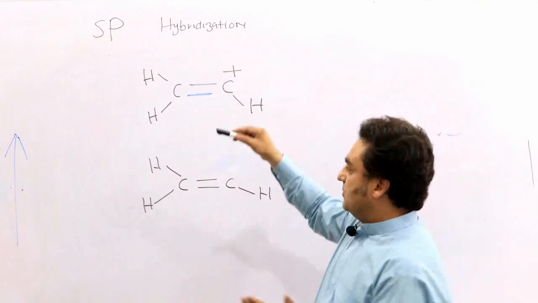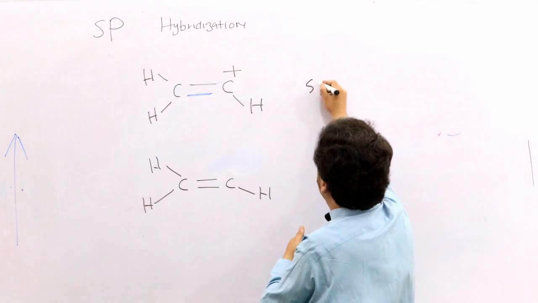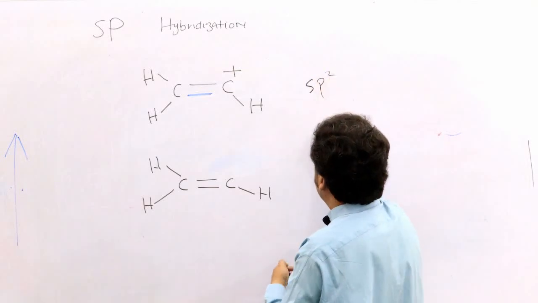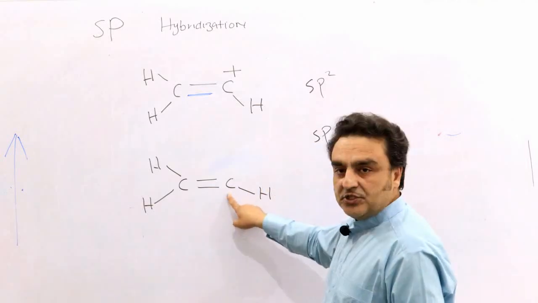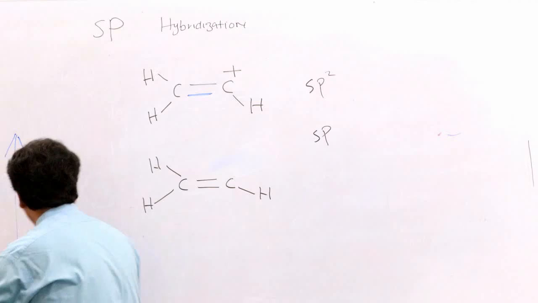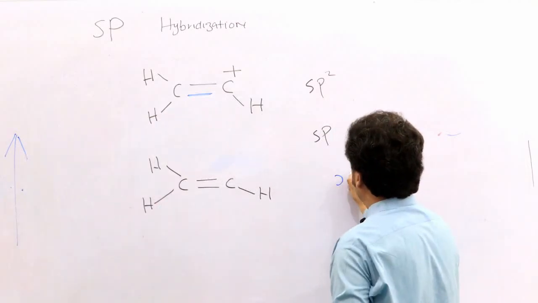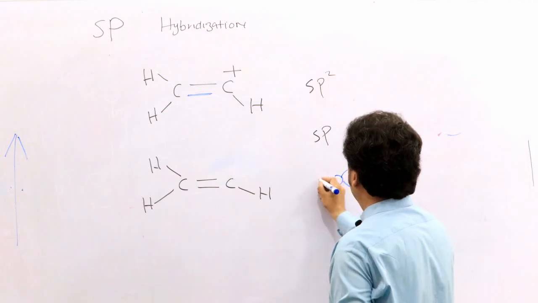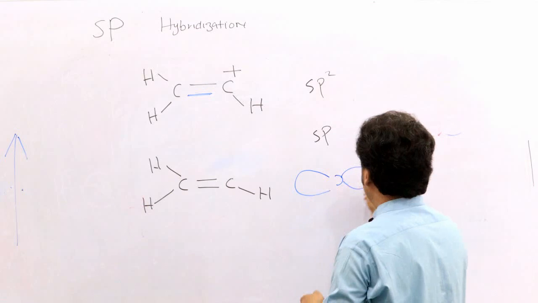Now why to sp? Because you know that the energy of sp, this is sp2 and this is sp, sp has lower energy and is more stable, so this will immediately go to sp. But there are 2 things associated with sp. One thing is that sp has a requirement for how it forms bonds.